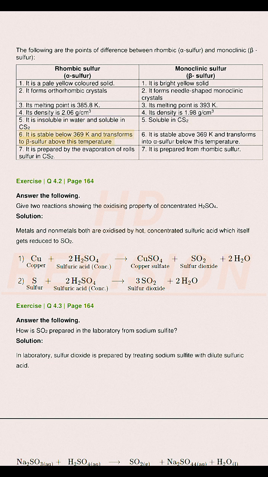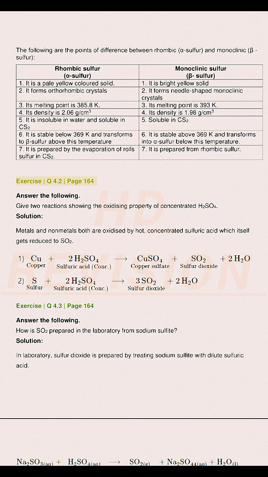Alpha: 6. It is stable below 369 K and transforms to beta sulfur above this temperature. Beta: 6. It is stable above 369 K and transforms into alpha sulfur below this temperature. Alpha: 7. It is prepared by the evaporation of roll sulfur in CS2. Beta: 7. It is prepared from rhombic sulfur.